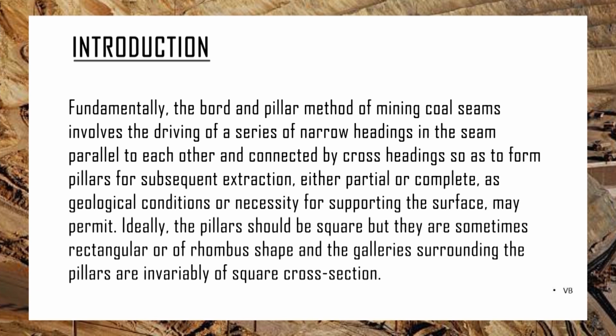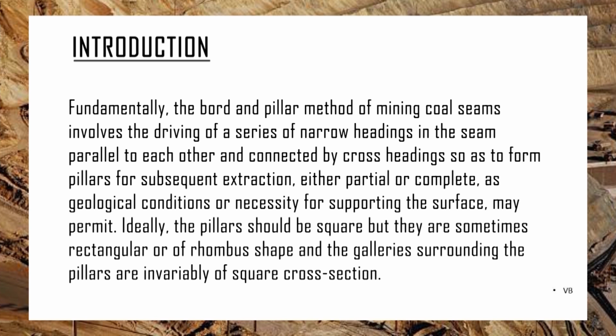As geological conditions or necessity for supporting the surface may permit, ideally the pillars should be square, but they are sometimes rectangular or of rhombus shape, and the galleries surrounding the pillars are invariably of square cross section.